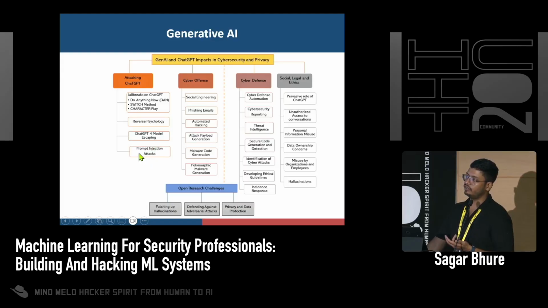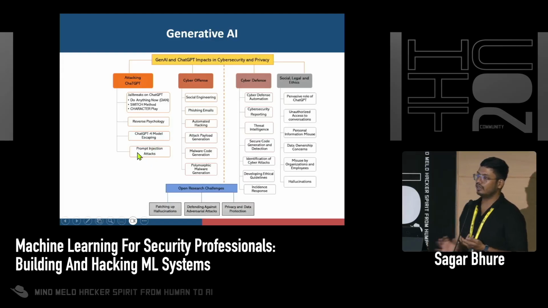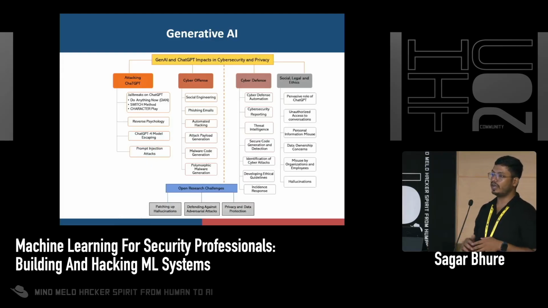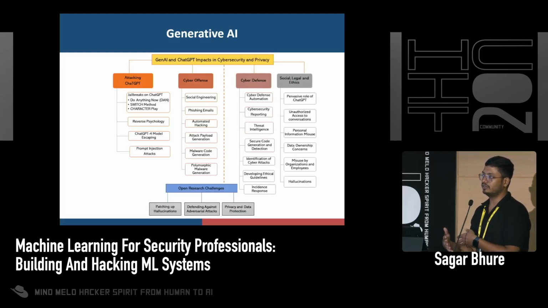We can try it on a prompt injection attack, which is quite interesting in a way that you don't need any sophisticated tools like Burp and Nmap or any Kali machine to start hacking ChatGPT. You just need to write a sequence of queries so that ChatGPT starts answering what it should not answer.